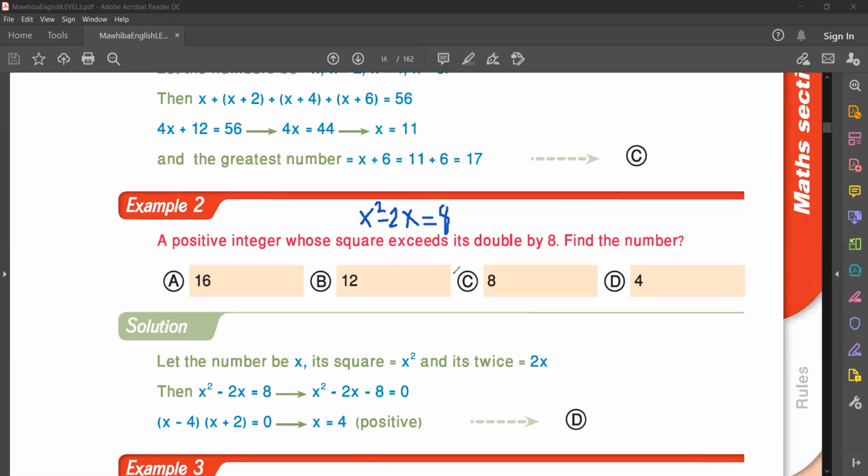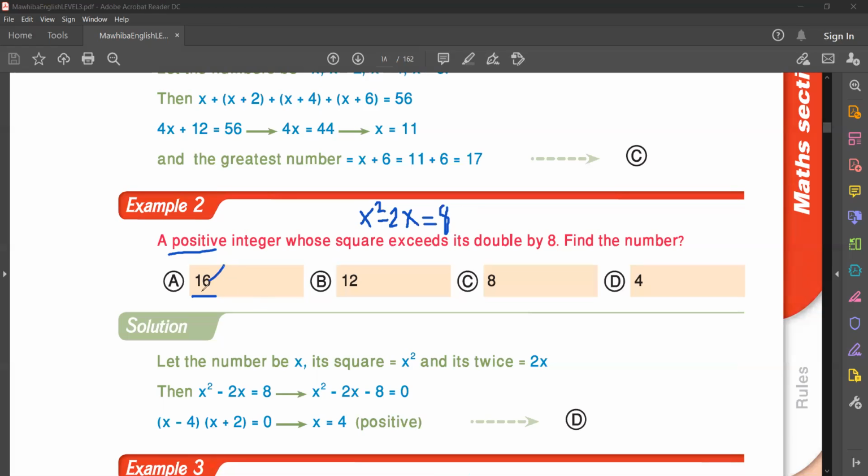You can also try from the choices. You take an answer and substitute it, then you get the correct answer, because he said a positive integer. If you put here 16, do you think it is the correct answer? 16 squared minus 2 times 16, is it equal to 8?